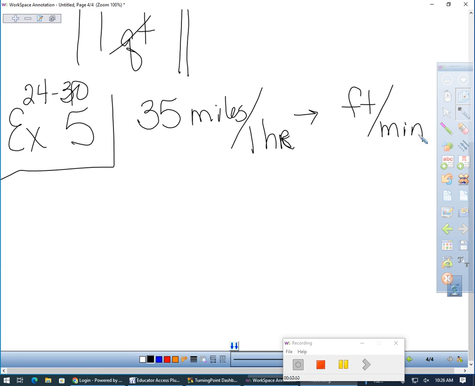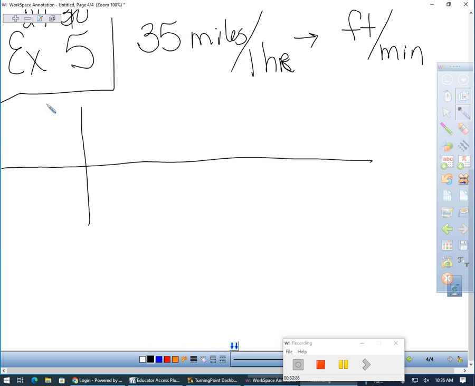All right, so you'll notice we now have 2 pieces of information in our given, right? Isn't that exciting? All right, so we are going to start by putting our given information in our first boxes. 35 miles in 1 hour.